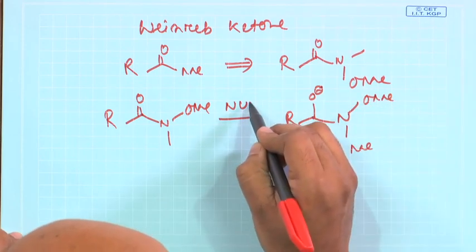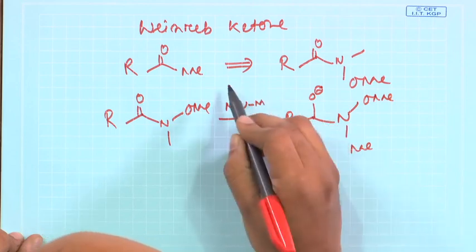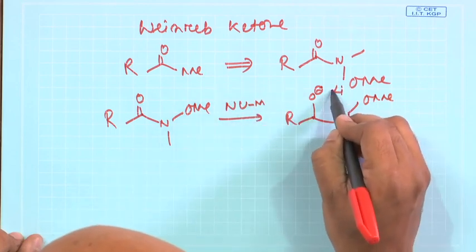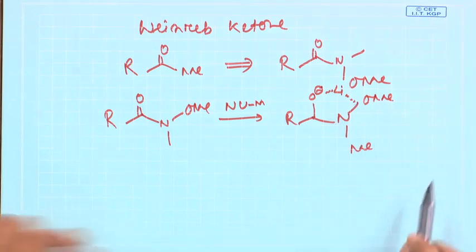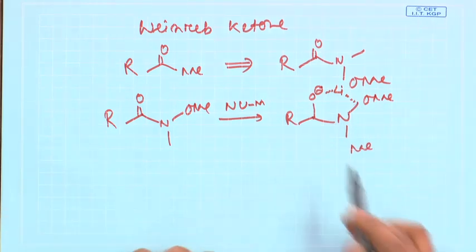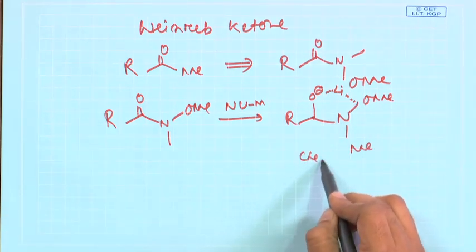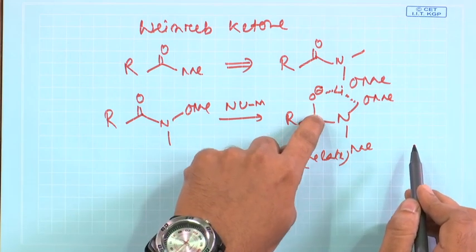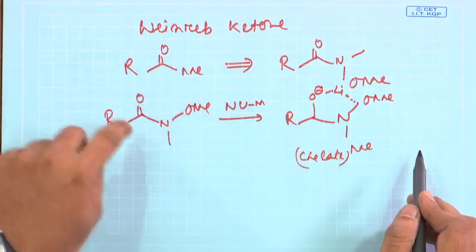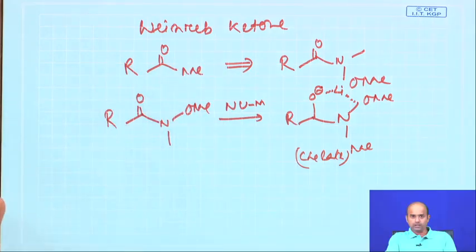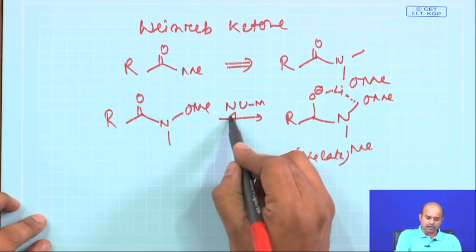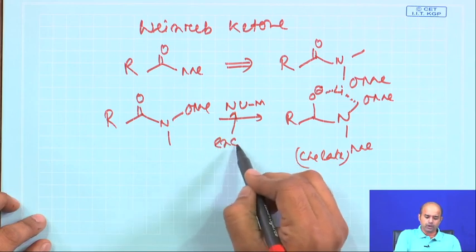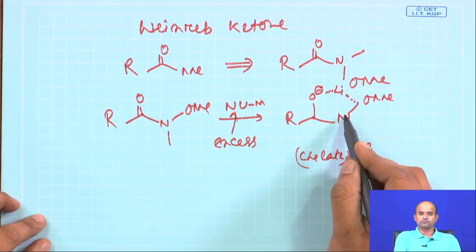Now, if the nucleophile contains a metal like lithium or magnesium, you will have this kind of chelate. This chelate is exceptionally stable, and that will stop further nucleophilic addition. So, once you make this Weinreb amide, even if you use excess nucleophile it does not matter, it will stop the reaction at this position.